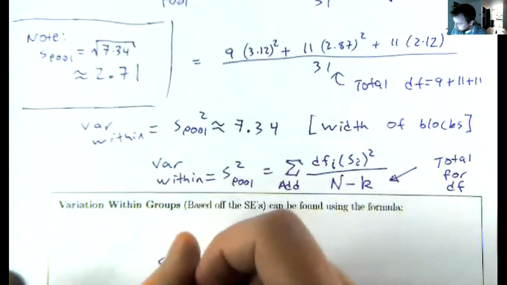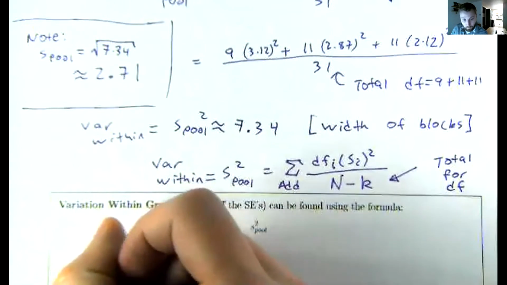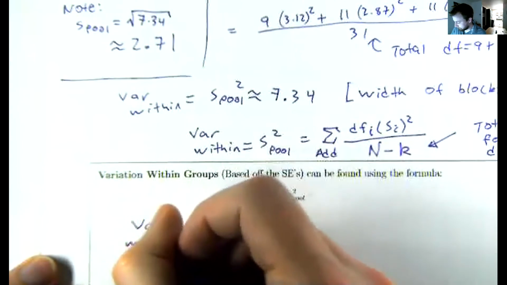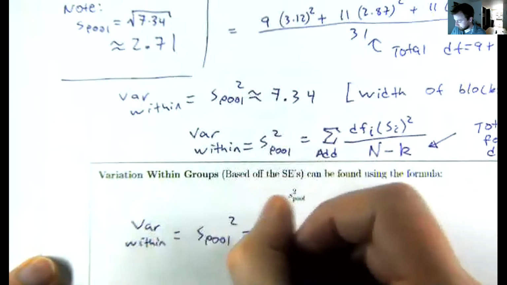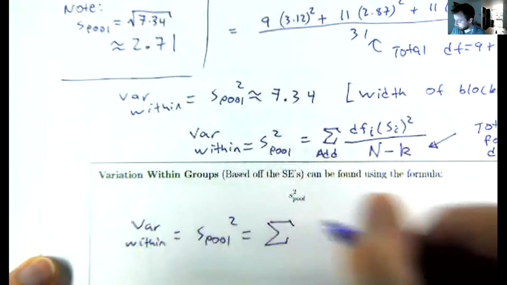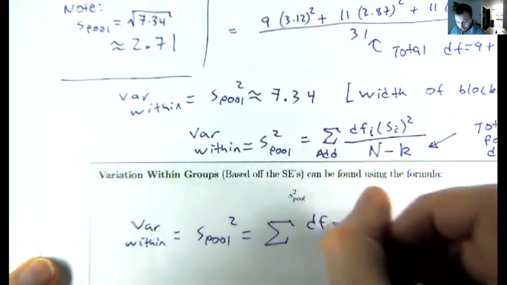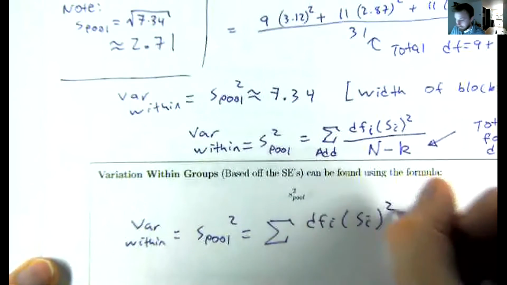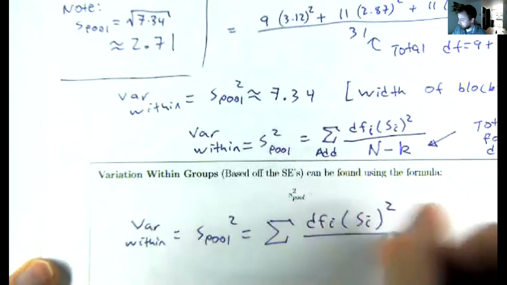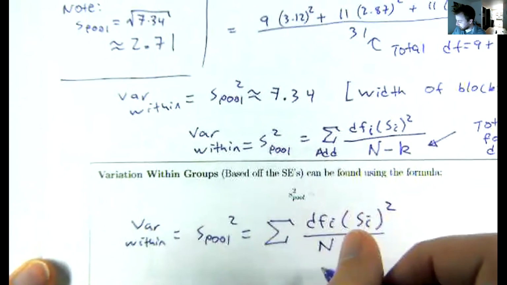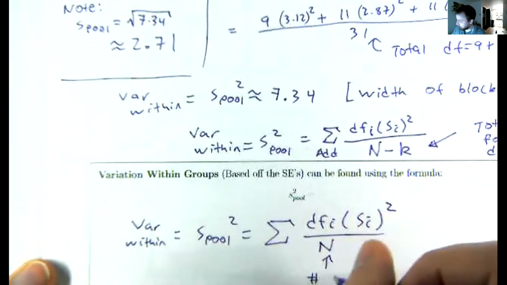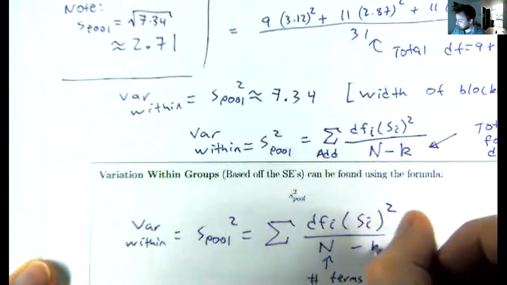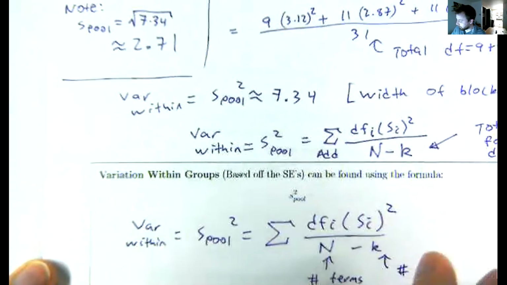My S pool squared, which is my variation within, is the sum of each of my individual weights times those variances for the groups divided by capital N. This is the number of total terms, minus K. This is the number of groups.